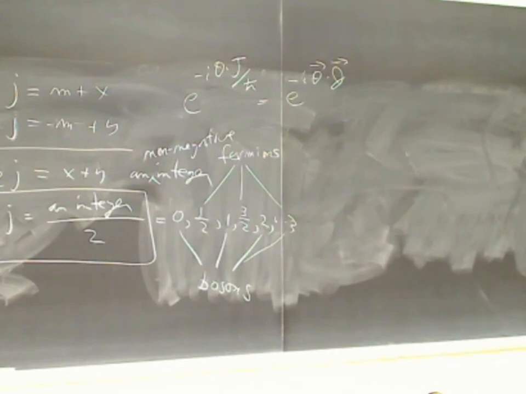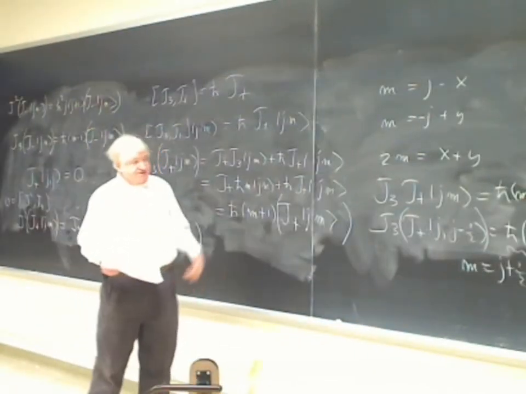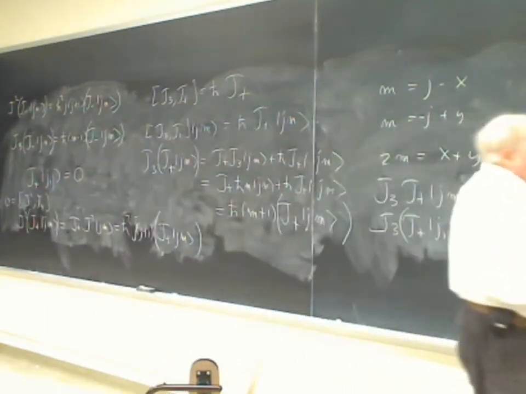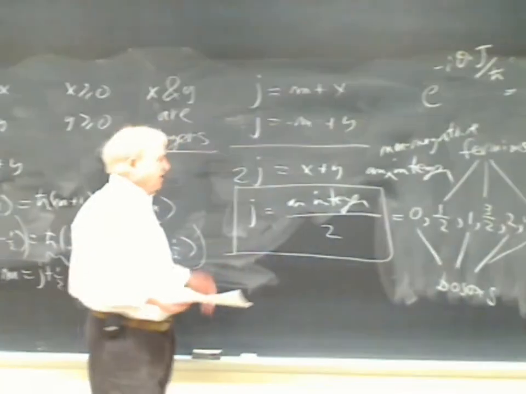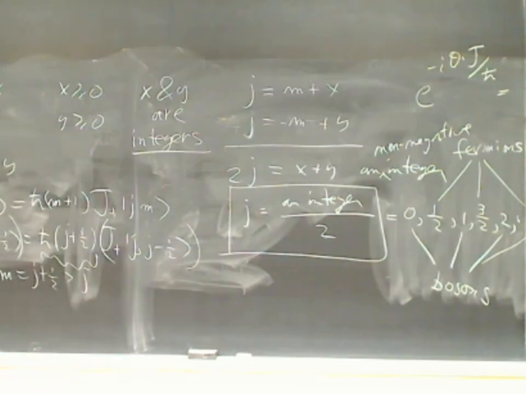So we've seen the values of m run from minus j to plus j in integer steps. Integer steps because, as we saw over here, we lower by 1, or over here we raise by 1, so those are certainly integer steps. And so the values of m differ from j by an integer, and j itself is, as I said, a non-negative integer divided by 2.